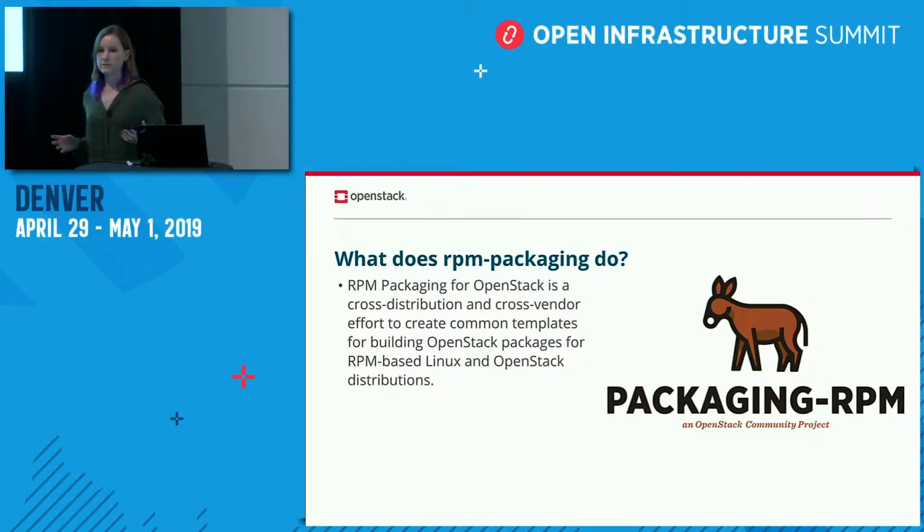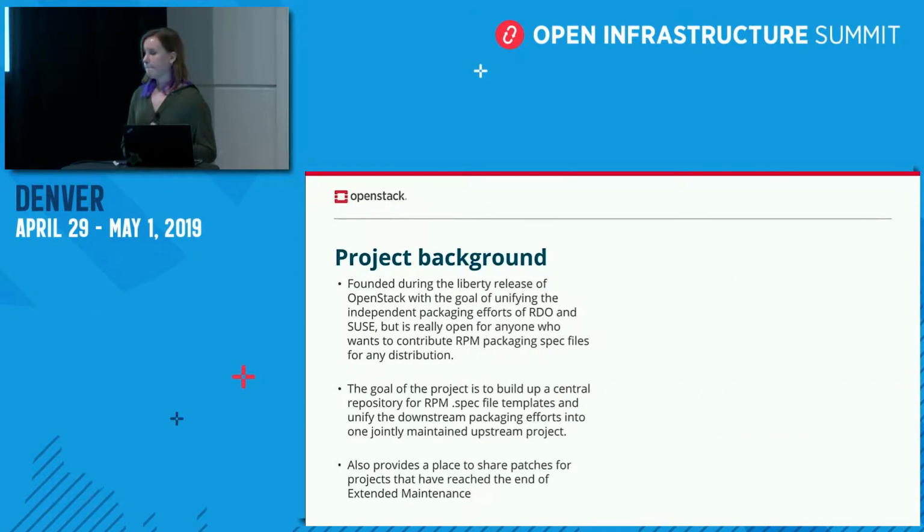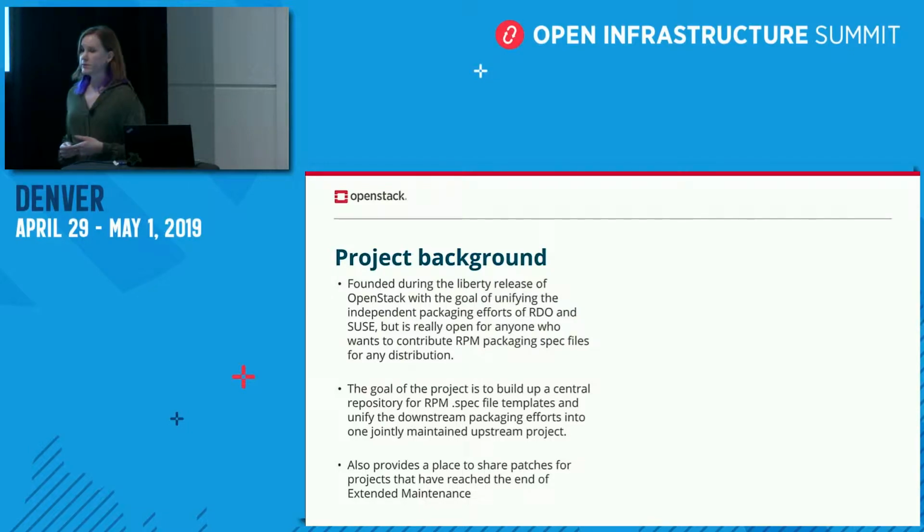So what is the RPM packaging project? What's it supposed to do? The idea behind it is it's supposed to be a cross-distribution, cross-vendor way of creating templates for RPM spec files for any kind of RPM-based Linux distro or OpenStack distro. It was founded during the Liberty release.